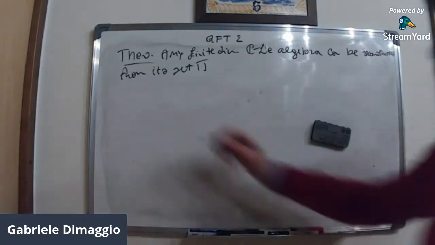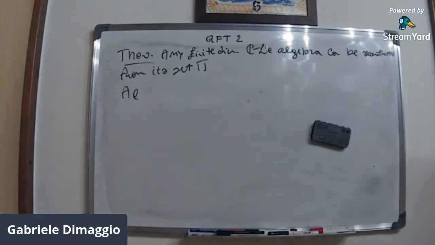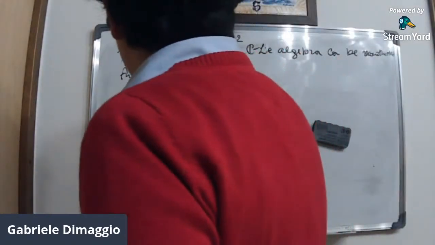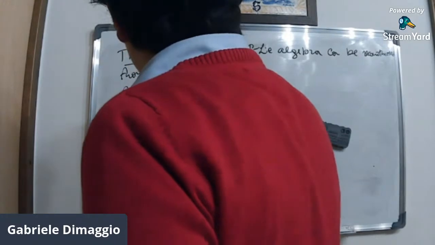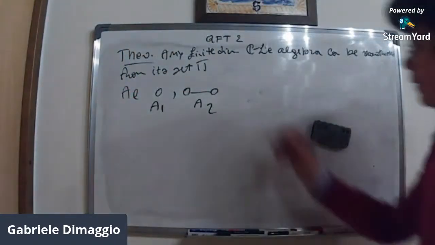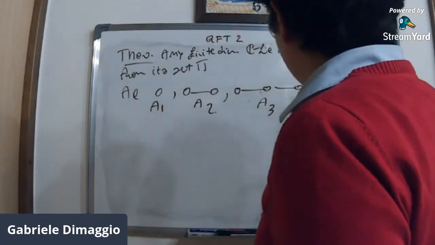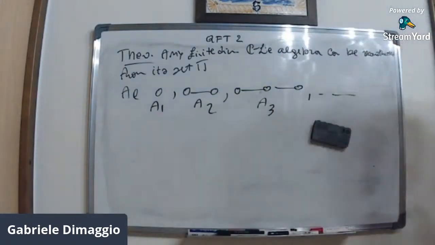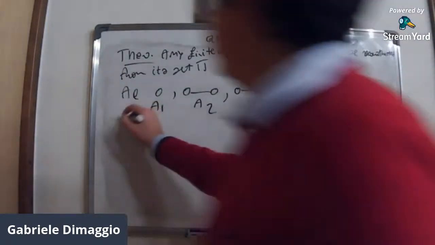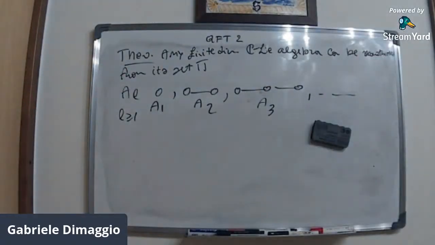For example, A_L, this Lie algebra. I have A1, then A2, then A3, and so on. This is A_L for L. This is the first example.